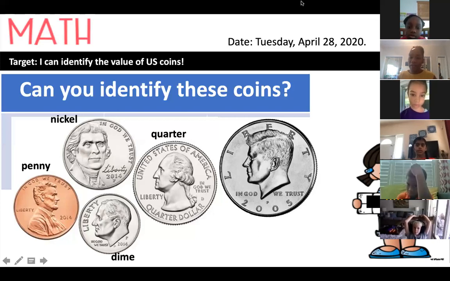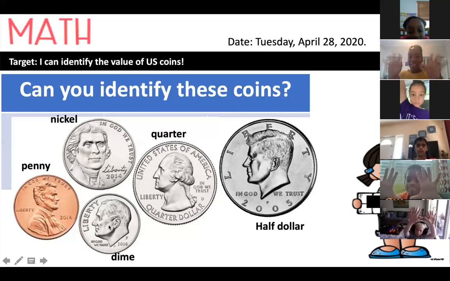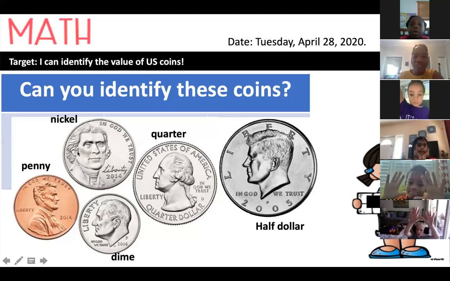Now, I have a question for you. So the 50 cent coin is also called a half dollar, okay? What's the value of a penny? Put up fingers to show me. 1 cent. Very good. What's the value of a dime? Good. What's the value of a nickel?